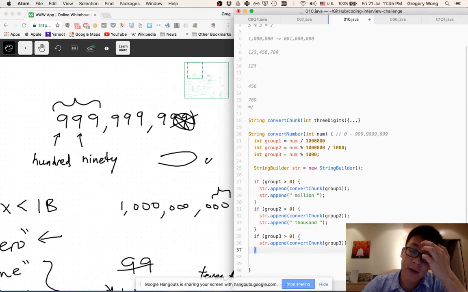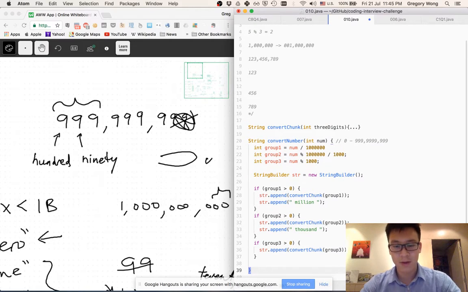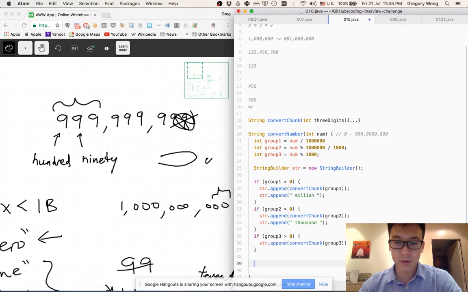And also one thing that I would amend later on is the keyword "and", right? Sometimes that's not required. Okay. Not necessary. And return string builder to string. I think that's it.